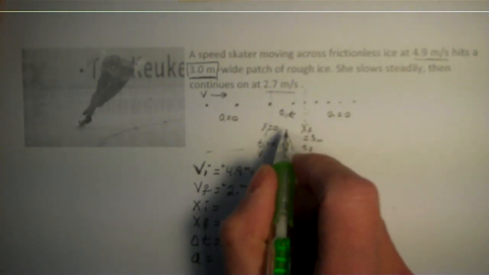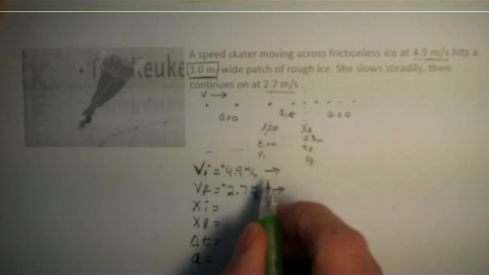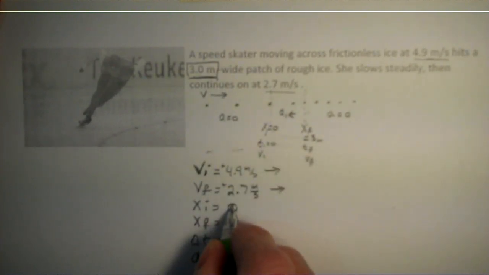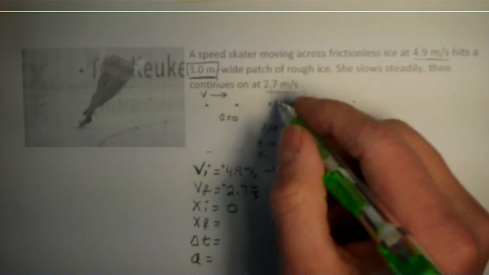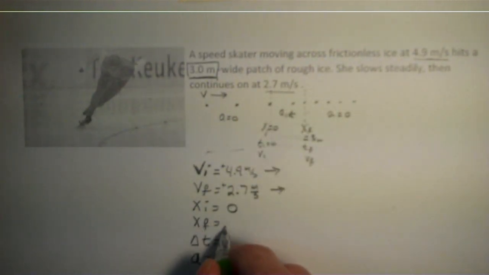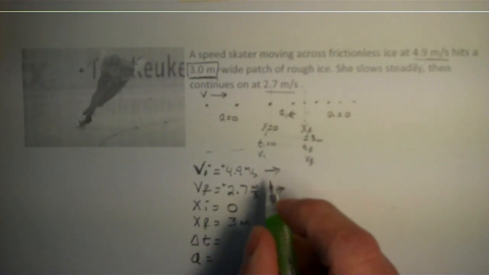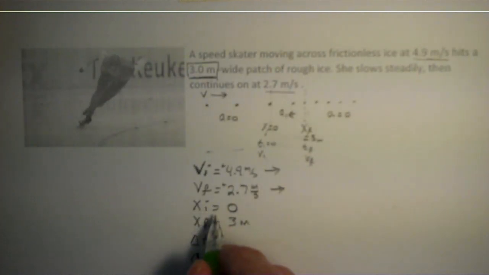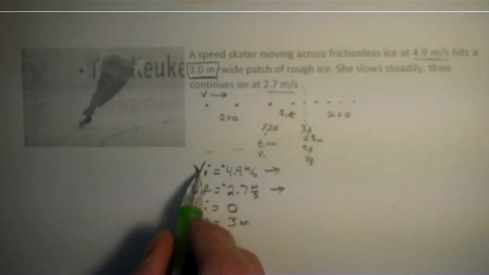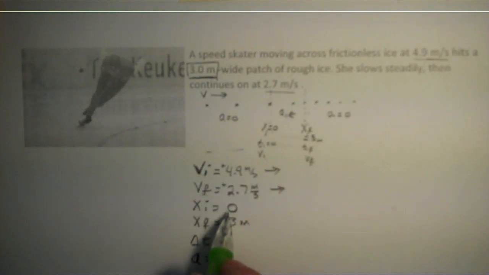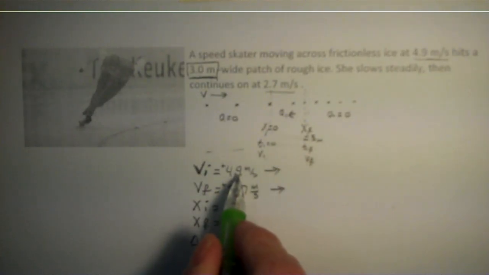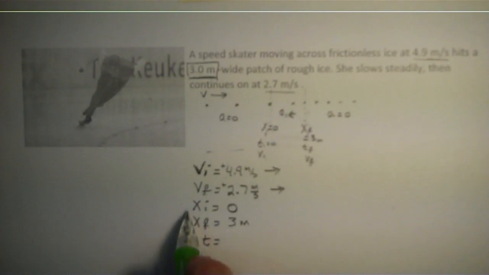The initial position of my problem, I'm calling that 0. That's my choice where 0 is, and it just makes sense to begin at a position of 0. The final position is at 3 meters. So these initial and final positions must correspond to the initial and final velocity. This initial velocity must be the velocity at that position, exactly at that instant, and likewise the final at this final position.